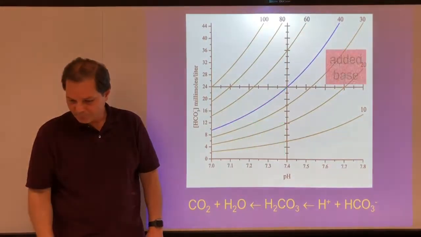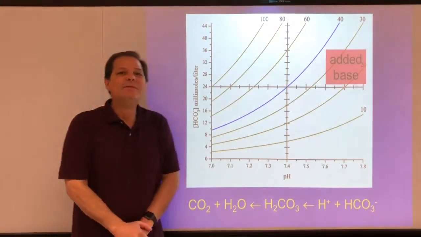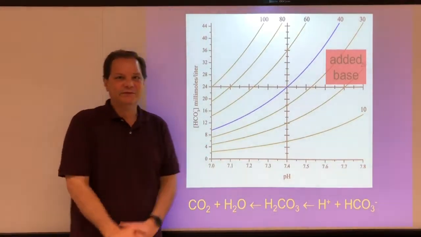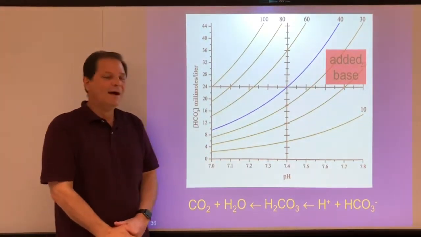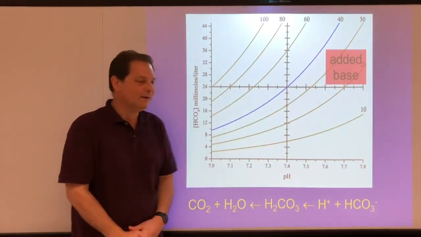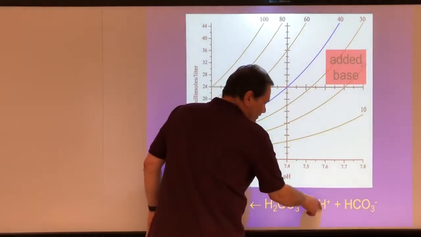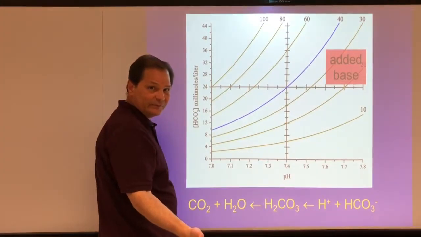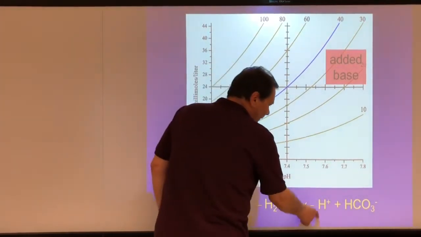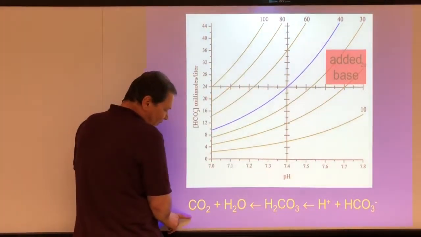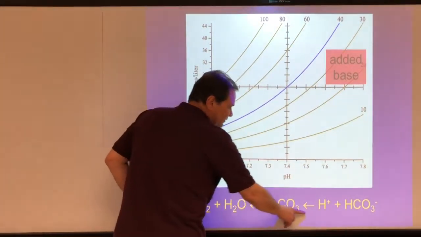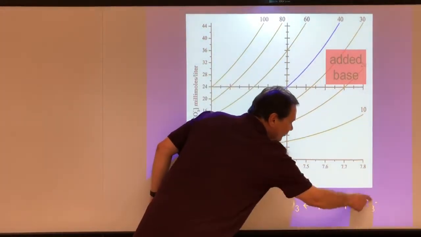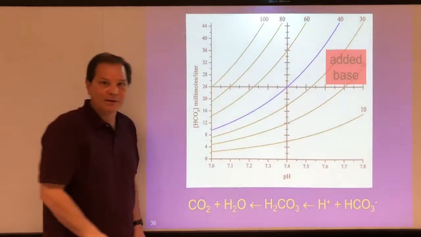The same thing happens if you add base to the system, which would mean you're making hydrogen ions disappear. Now, my hydrogen ions are going down because they're binding to the added base. And as my hydrogen ions go down, my carbonic acid equation is shifted to the right, and I produce bicarbonate.